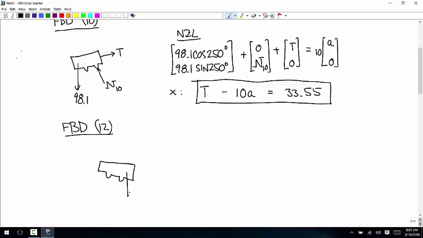There's a weight of 12 times 9.81, 117.73. And then there's a normal force I'll call N12. And then there's a cable force of T this way.